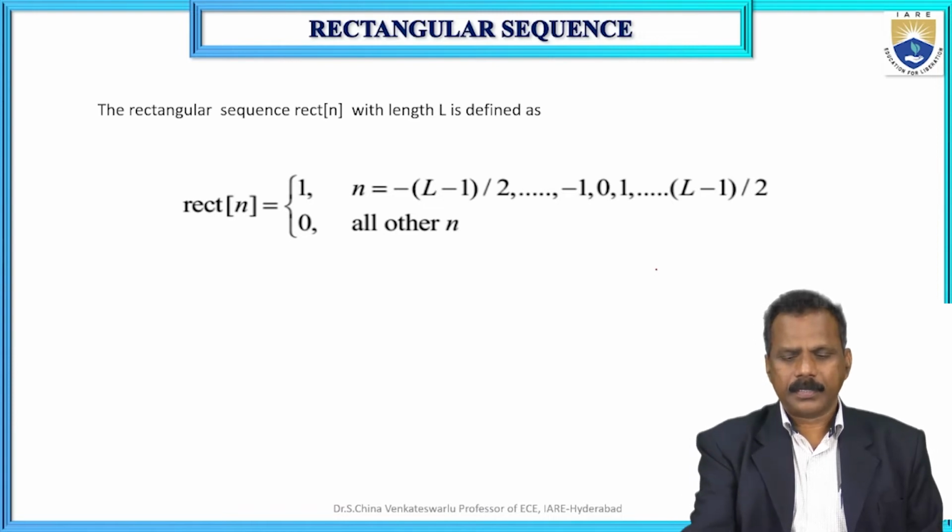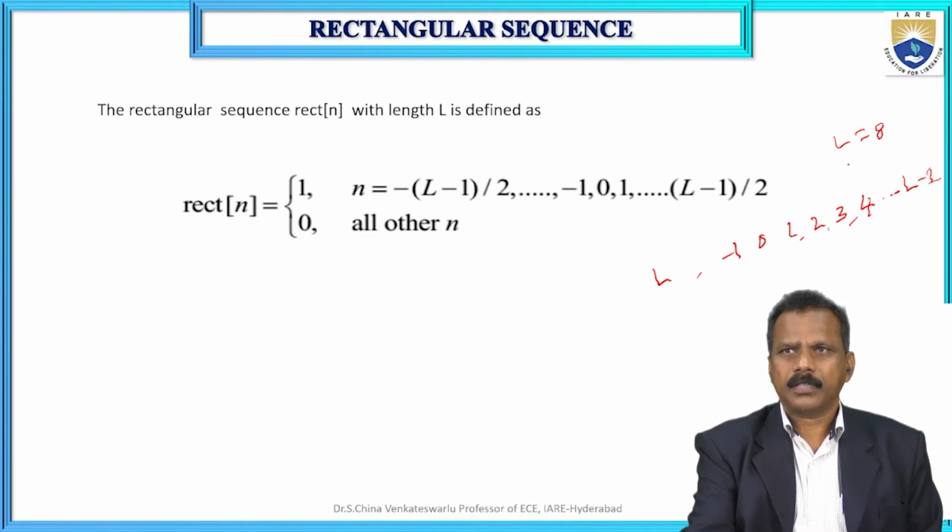The length is also assigned here, where n takes values minus 1, 0, 1, 2, 3, 4 and so on up to the length minus 1. For example, L is equal to 8, so (8 minus 1) by 2, which is 7 by 2.